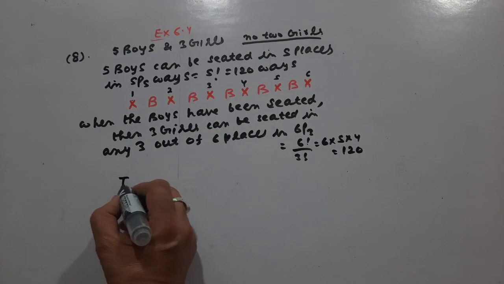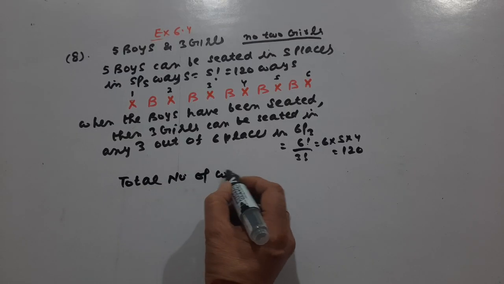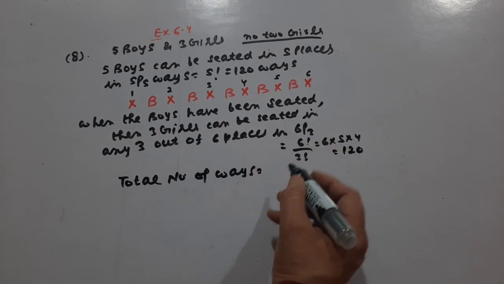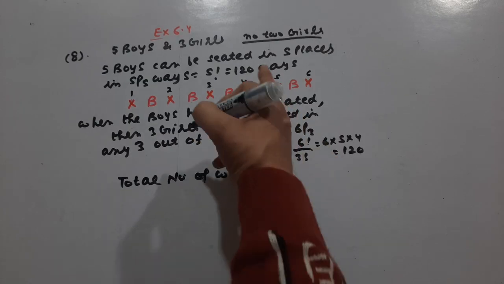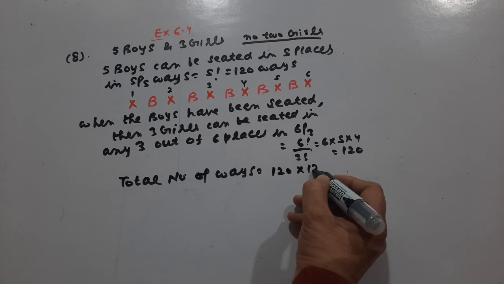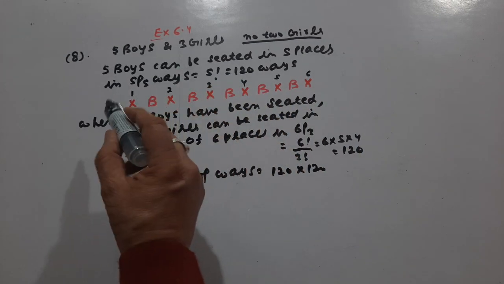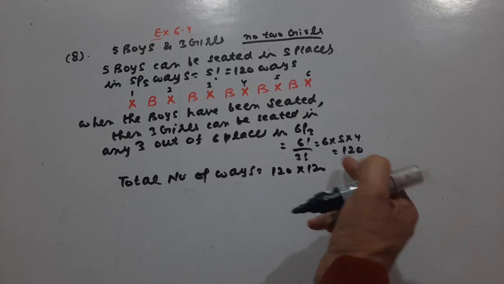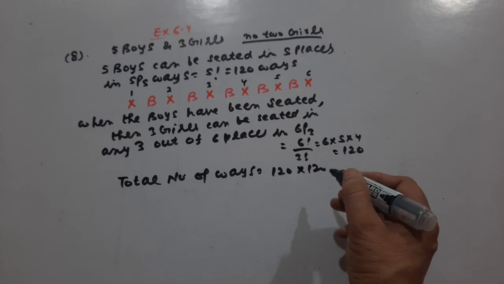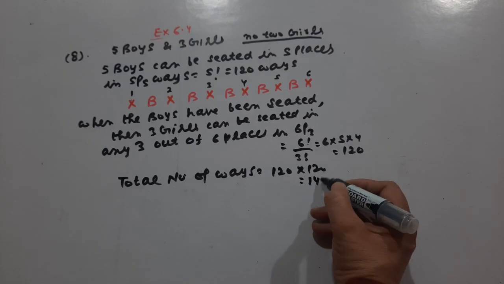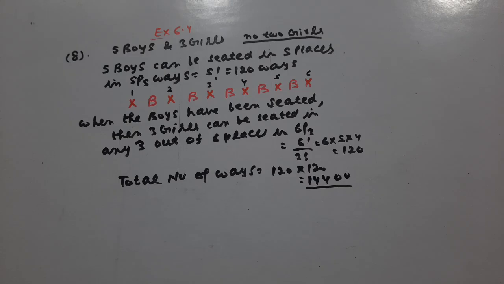Therefore the total number of ways is 120 into 120. 120 is the number of ways in which 5 boys can be seated, and 120 is the number of ways in which 3 girls can be seated out of 6 places. So the total number of arrangements will be 14400. So students, this is the required answer.